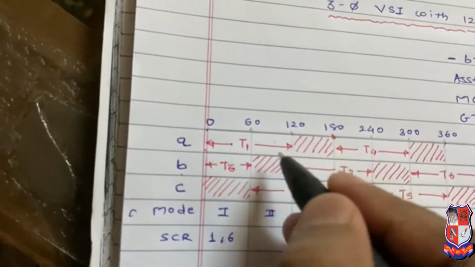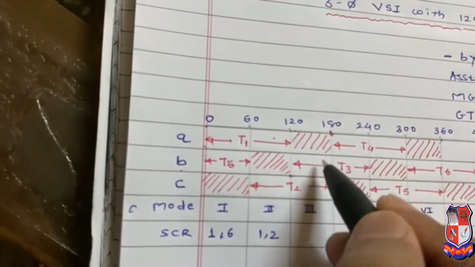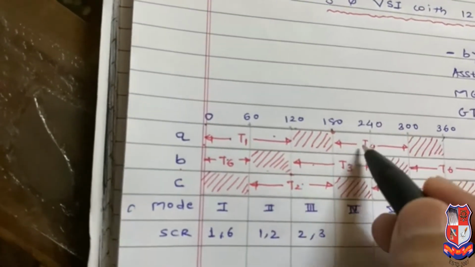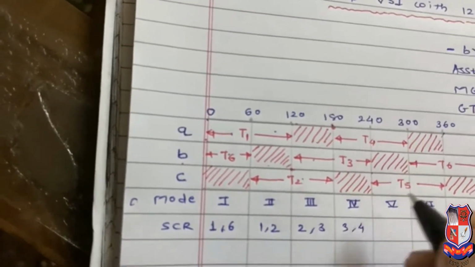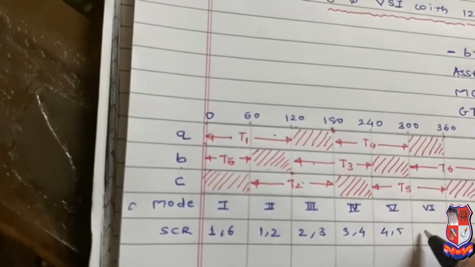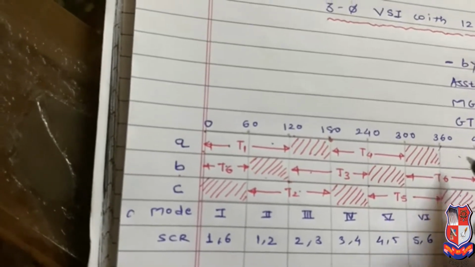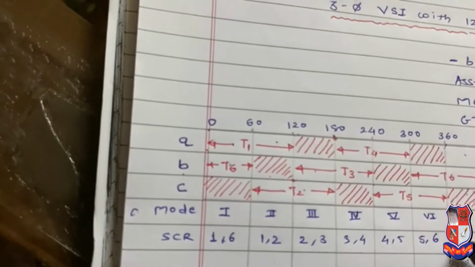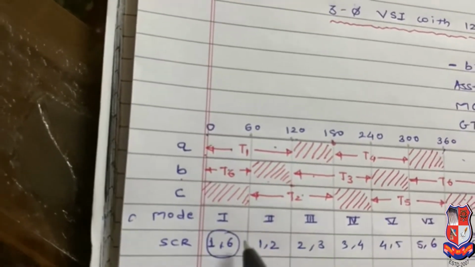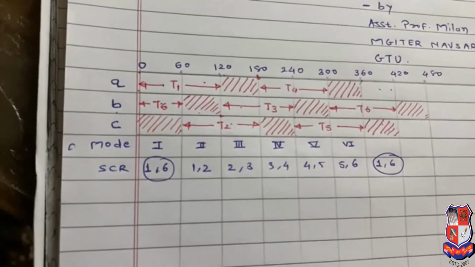For 60 to 120, T1 and T2, 120 to 180, T2 and T3, then T3 and T4, then T4 and T5, then T5 and T6, again T1 and T6. So this is same as 1. So each cycle is divided in 6 modes.